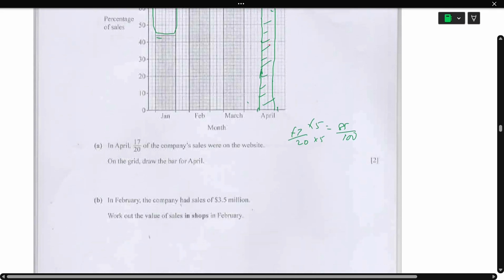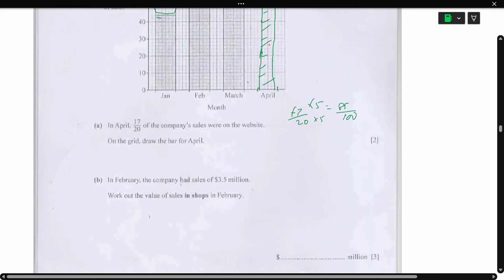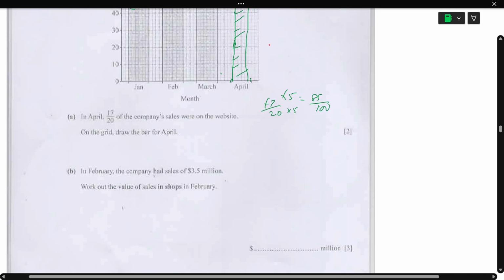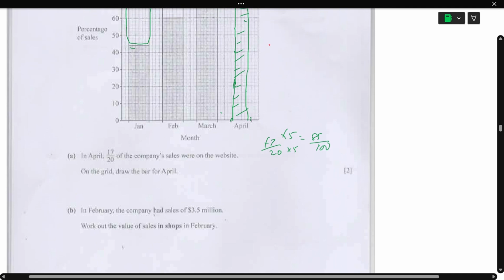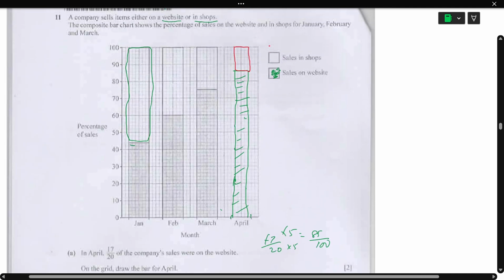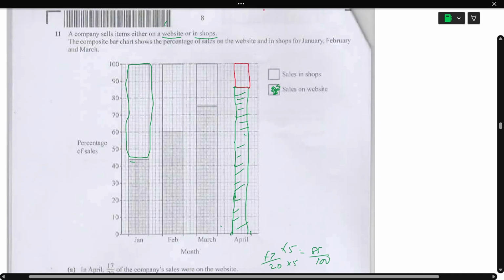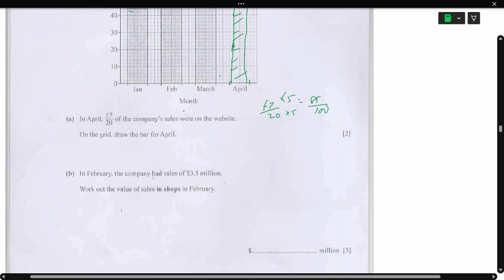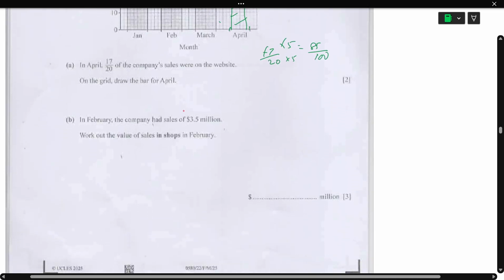Okay, so next we need to find, one is done. In February the company had sales of 3.5 million. Work out the value of shop sales. Shop means the white one in February. From above, this is shop. So 60 is website, and 40 percent is going to be shop.